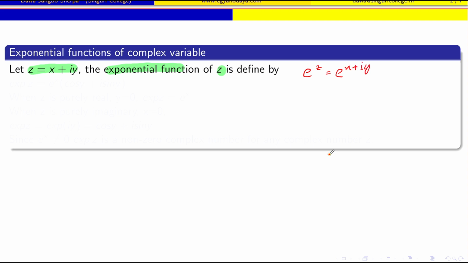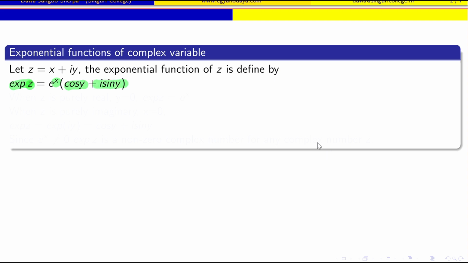We can write this as e to the power x times cos y plus i sin y. In the case of complex numbers, instead of e to the power z, we write exp z. So the exponential function of the complex number z is exp z equal to e to the power x times cos y plus i sin y.